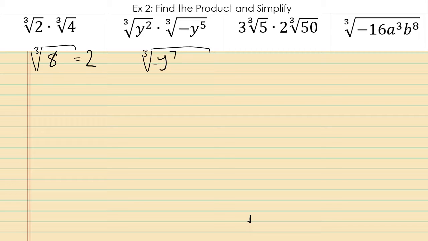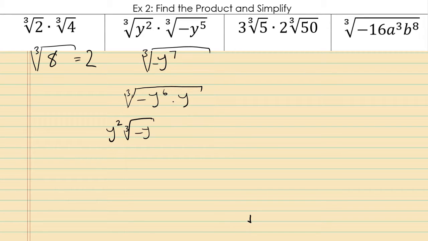Now I need to separate that into perfect cubes. We'll have cube root of negative y to the 6th power times y. I can take the cube root of y to the 6th power, that's going to be y squared, and cube root of negative y left inside.